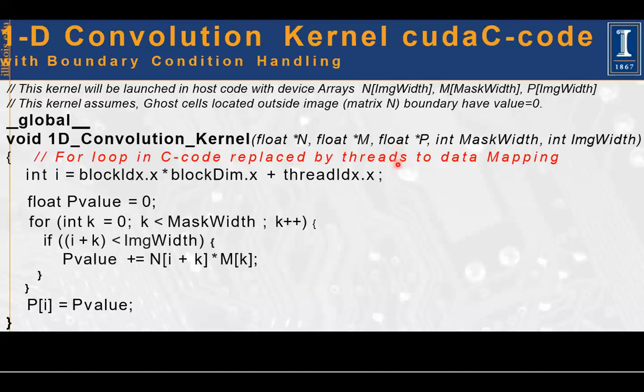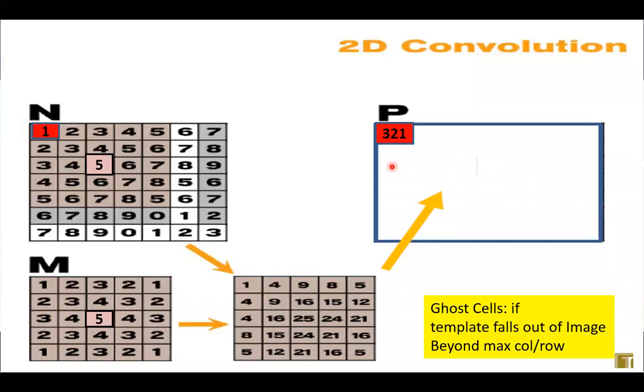Here we took a one-dimensional array, some kind of voice signal, and applied a linear filter on it, a one-dimensional filter. There we will have a two-dimensional image and apply a 2D filter or 2D mask on it.